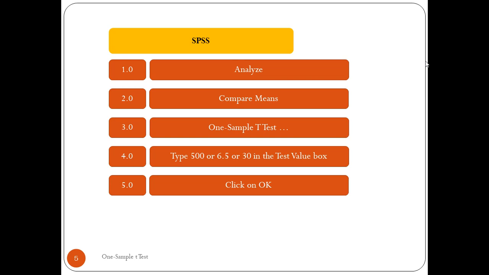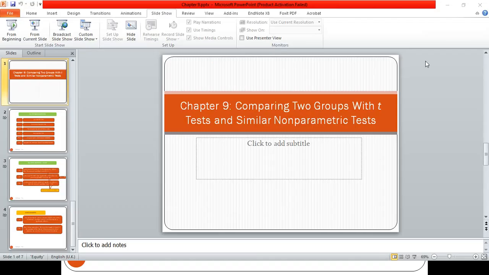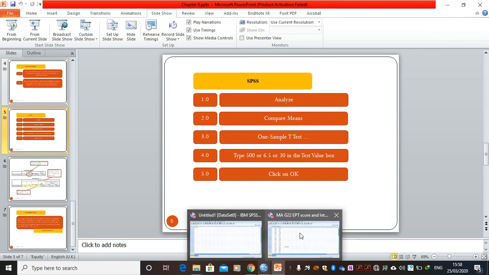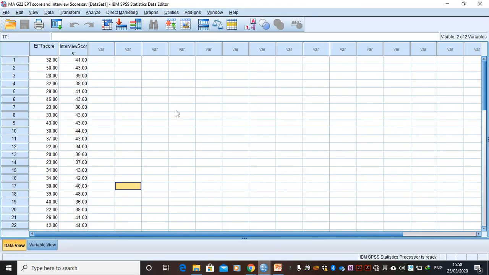Test value here refers to the hypothesized population mean, and we're gonna click OK. Okay, a moment of silence. I'm going to switch the screen to get to the data. Okay, everyone, a moment of silence is over.